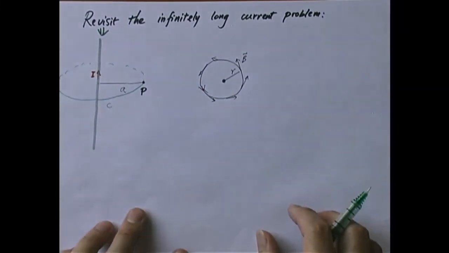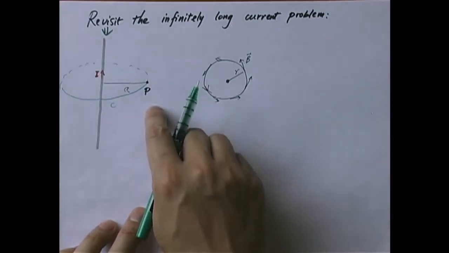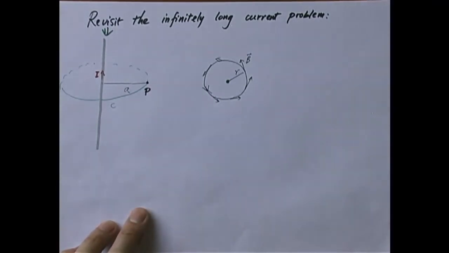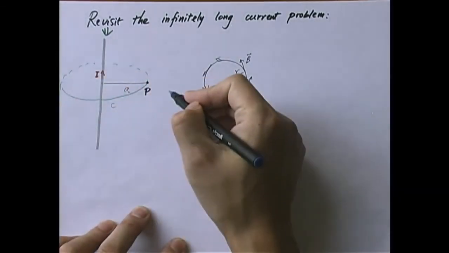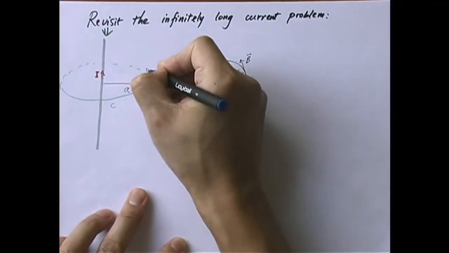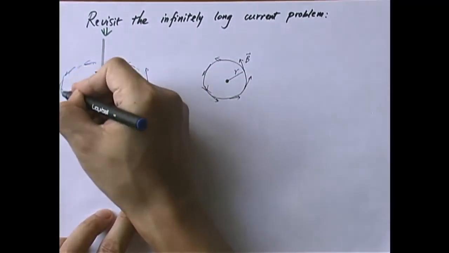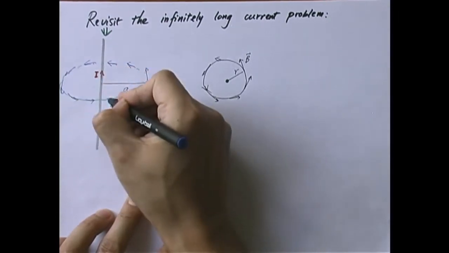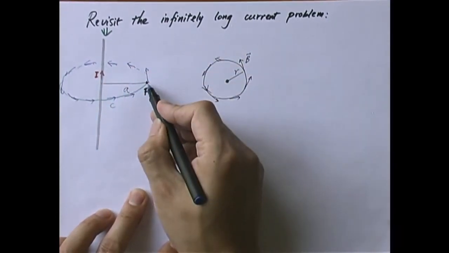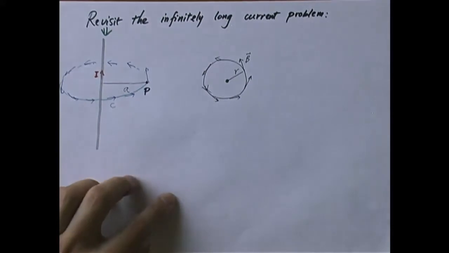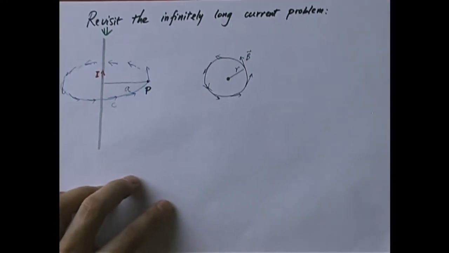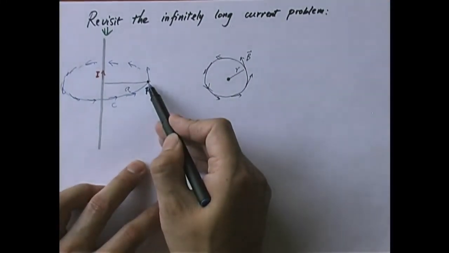You can choose any loop you want, but that choice is the smartest one because it gives us full utilization of the symmetry of the problem. Because of the symmetry, everywhere on that particular Amperian loop, the magnetic field all points tangentially, and they all have the same magnitude, including the magnetic field at point P. So, how would I use Ampere's law to find the magnetic field at point P?